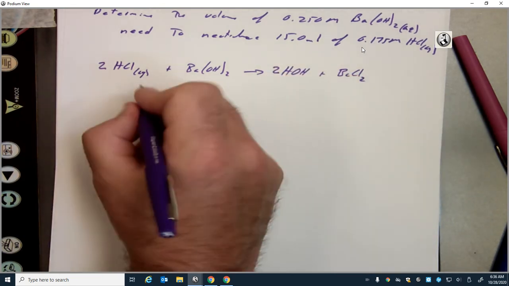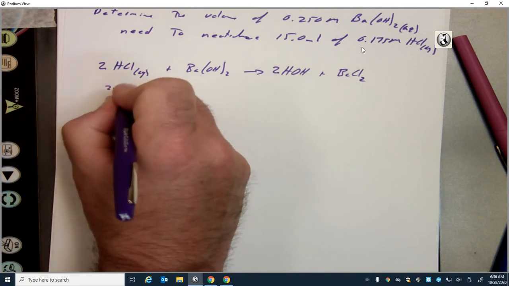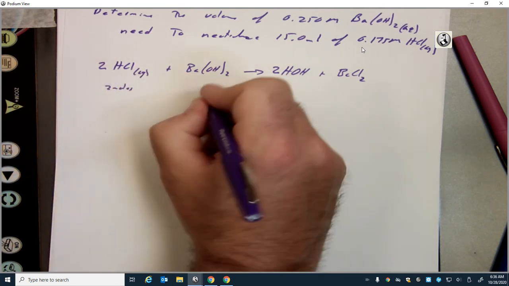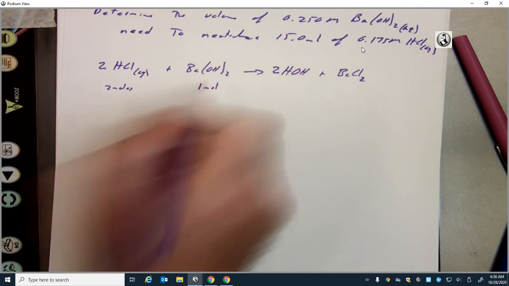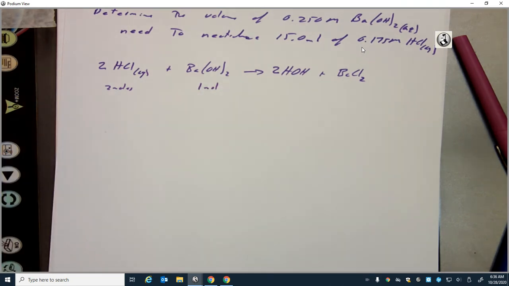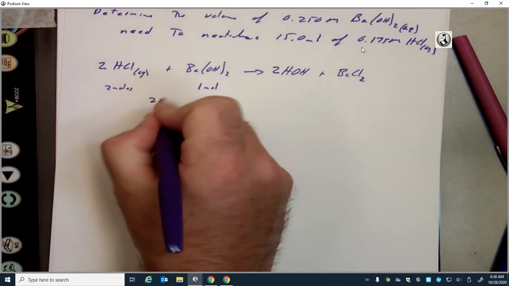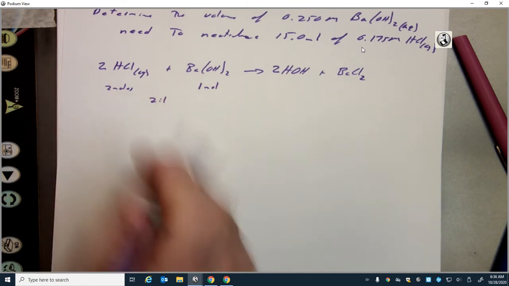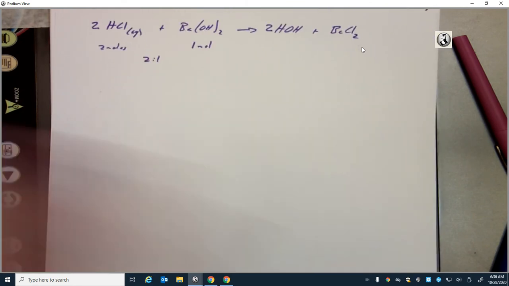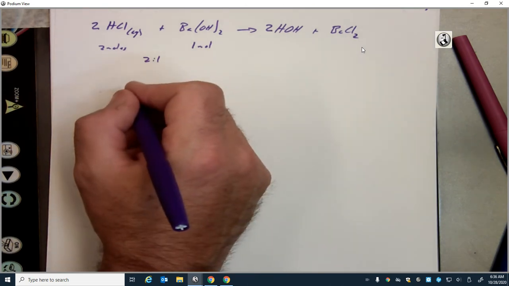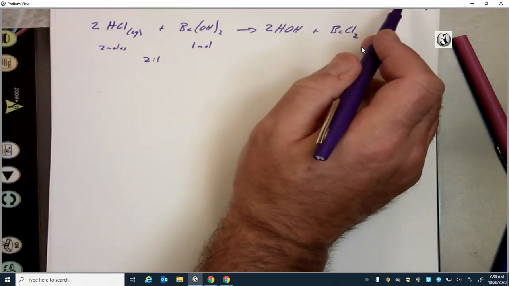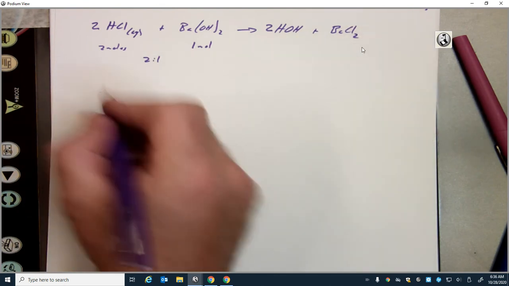So my ratio changes. Now I need 2 moles of HCl for every 1 mole of barium hydroxide. So this time I have a 2-to-1 ratio, and that's going to make a difference in my answer. But I do basically the same thing. We're going to start by figuring out how many moles of HCl I have.